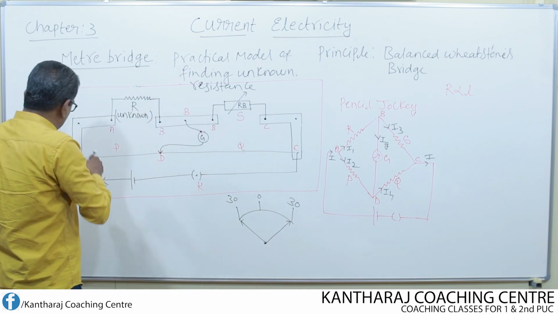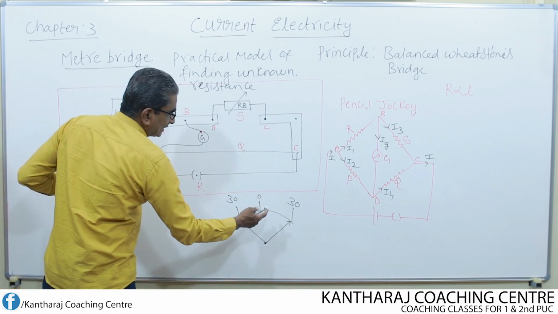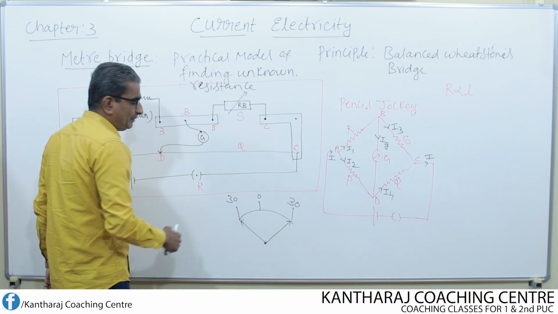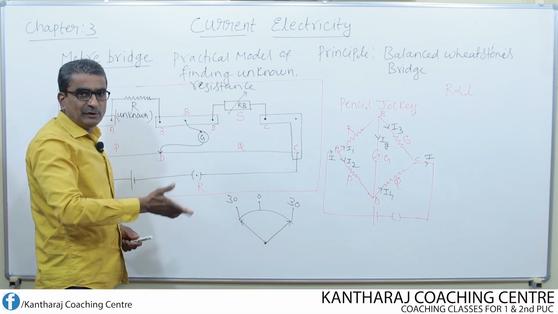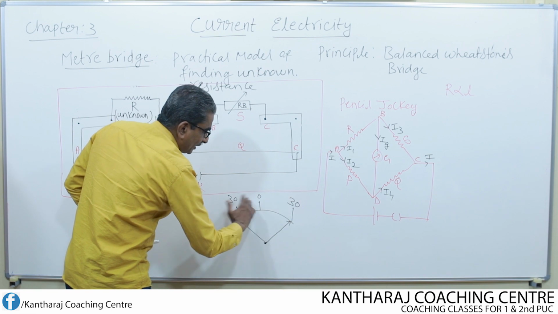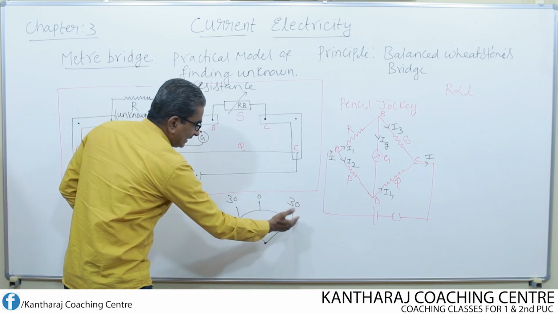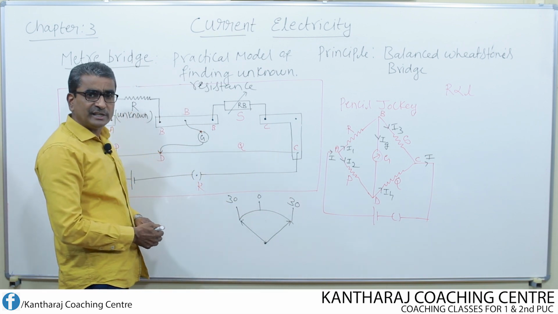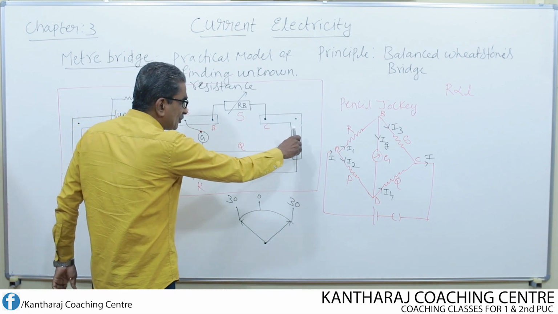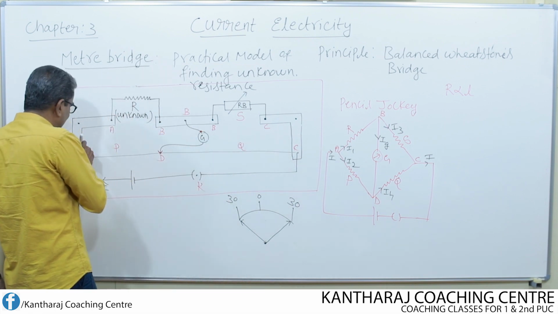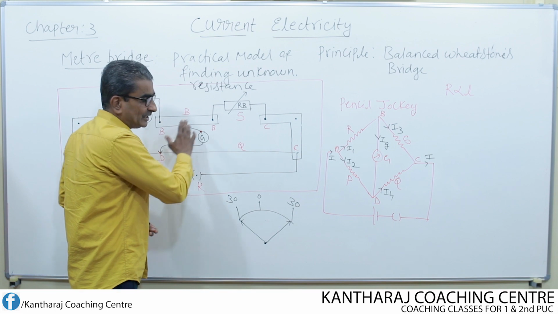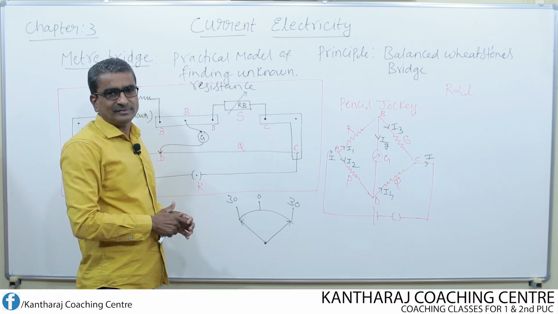So at end A, the deflection will be in one direction, and at end C, in the opposite direction. If we get opposite deflection, that means right and left deflection on either side of 0, when we make the contact of the jockey at end C as well as at end A, then the circuit is said to be correct.